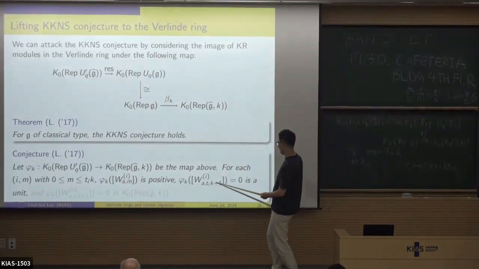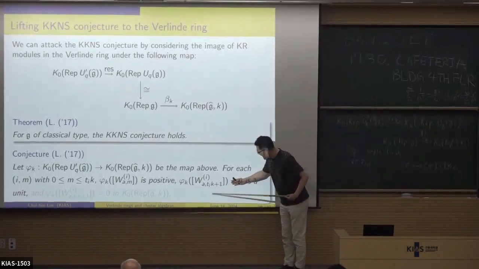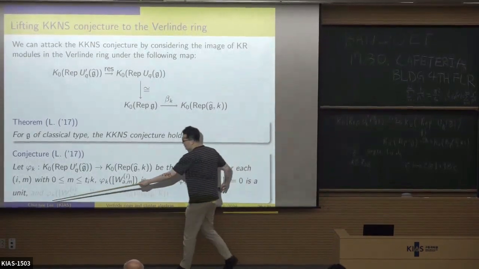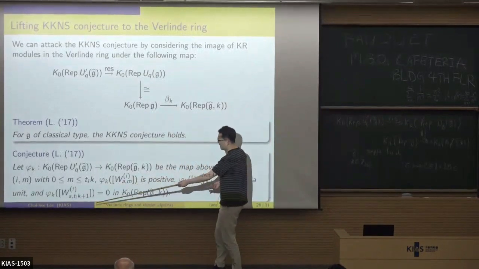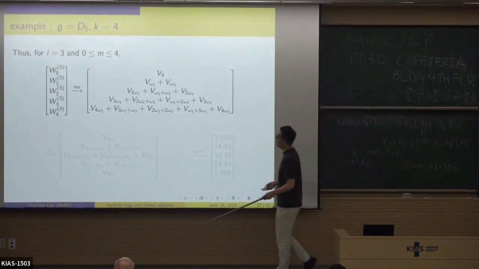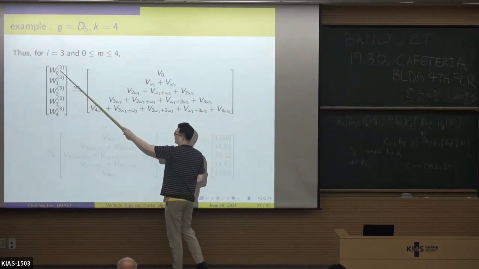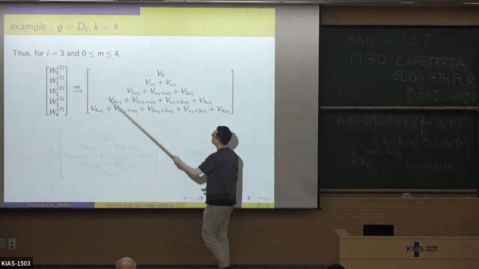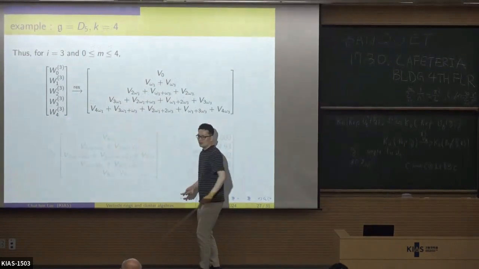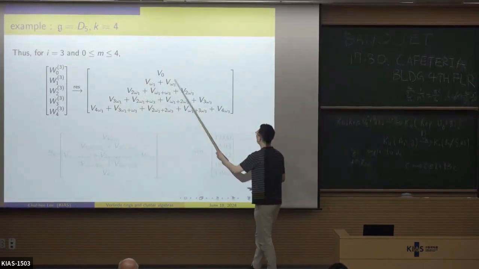Sorry, ignore this 0. It's positive, and eventually it becomes a unit element in the Verlinde ring, and at the next line it becomes 0. So I will show you an example. Previously I showed quantum dimensions, but here now there are some Kirillov-Reshetikhin modules. The level is 4, so up to this Kirillov-Reshetikhin module, we expect positive quantum dimension. And if you take restriction, it decomposes.